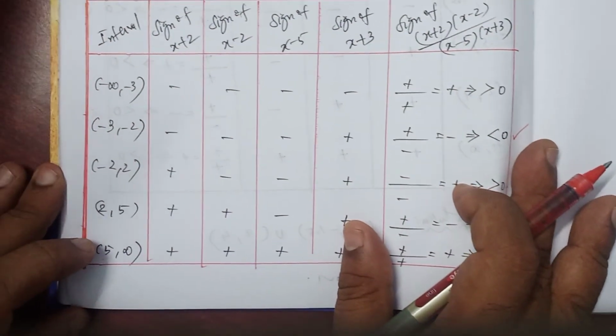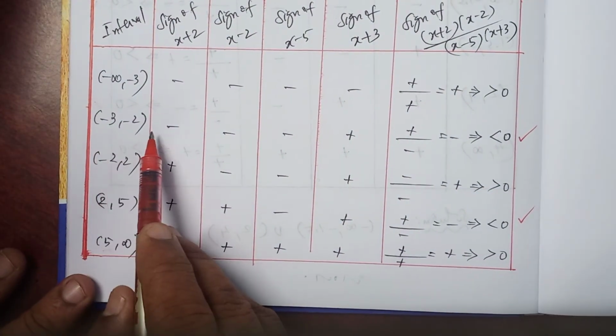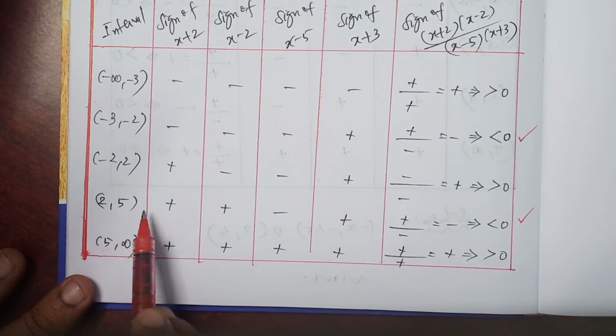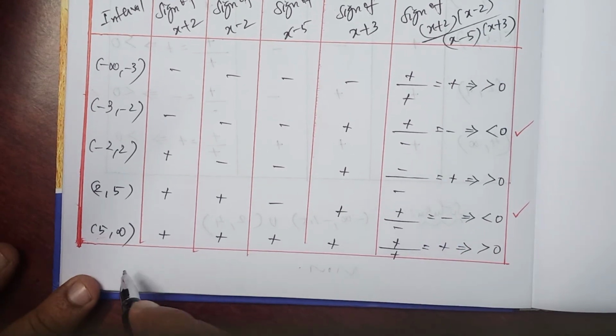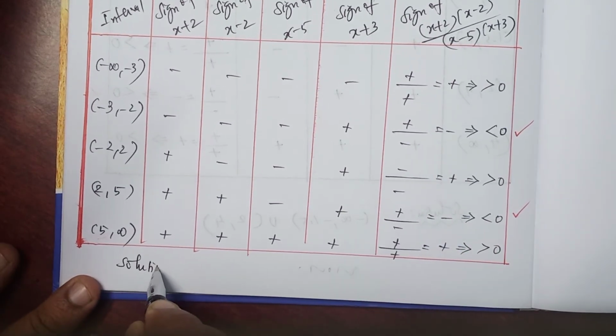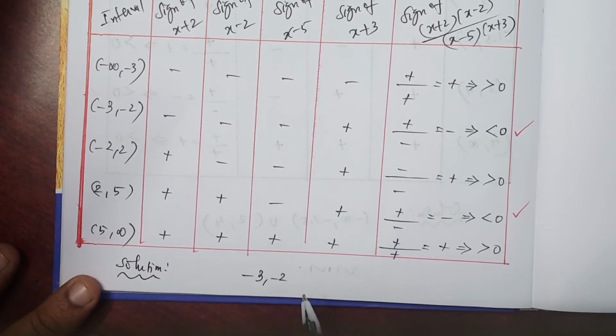What about the intervals? Minus 3, minus 2, 2 and 5. Solution: minus 3, minus 2, 2 and 5.